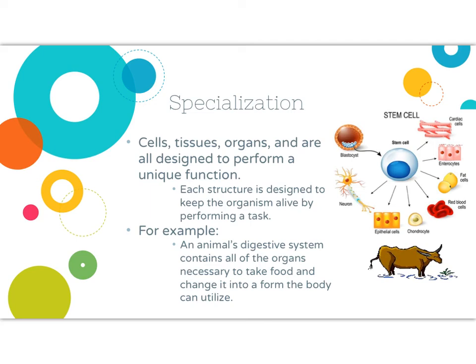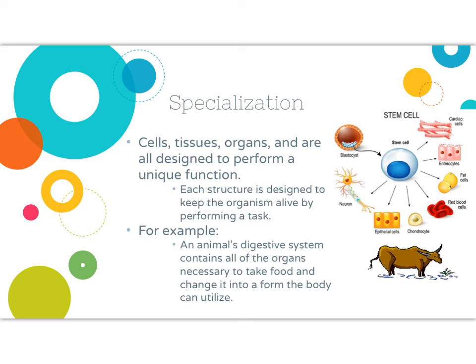So for instance, we have red blood cells and epithelial cells. Epithelial cells are like skin cells. They are not interchangeable. An epithelial cell cannot perform the same function as a red blood cell, and vice versa. So they are specialized for what they do within the organism.